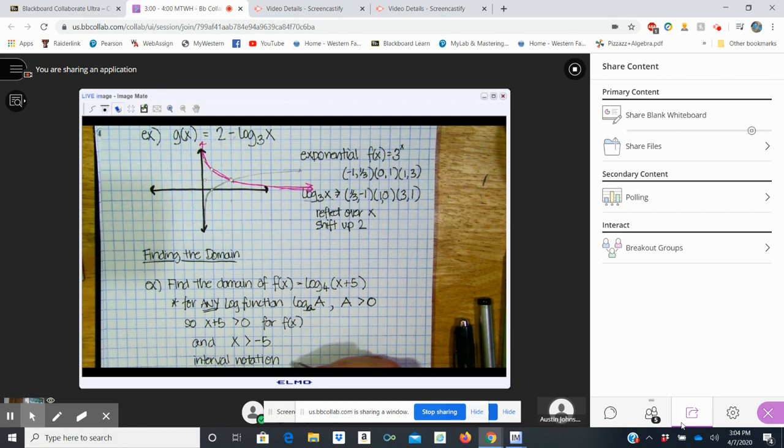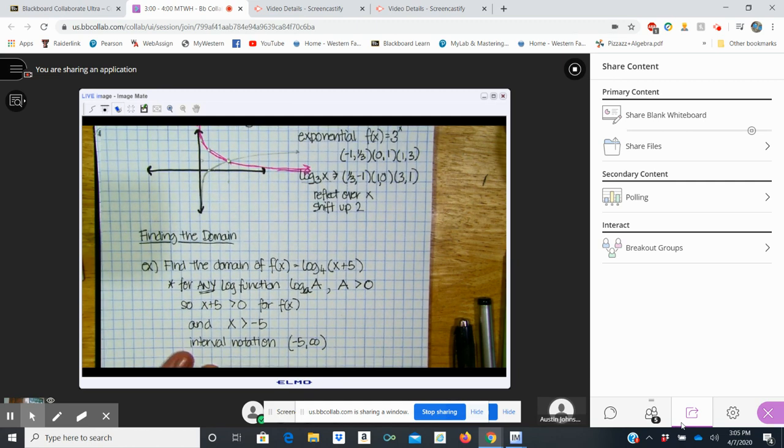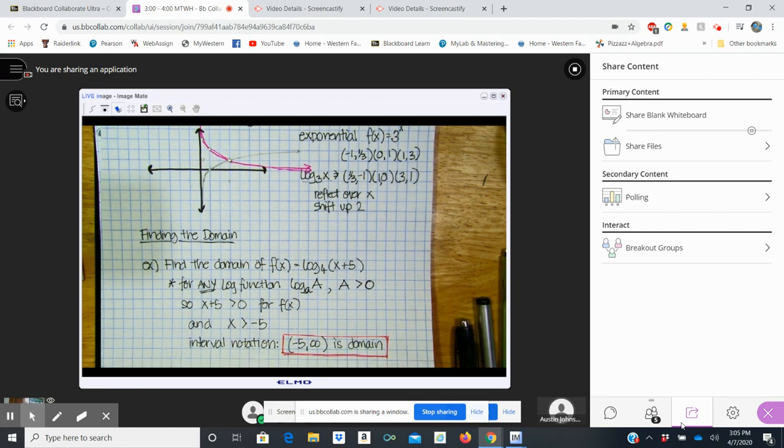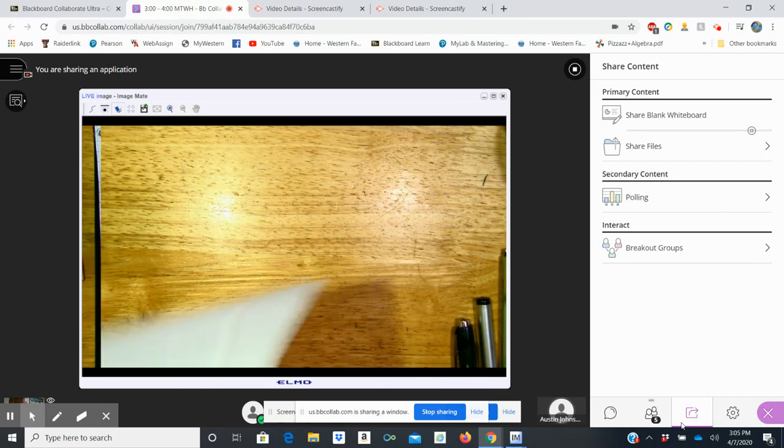In interval notation, this would be negative 5 to infinity. We can kick that up a little bit in difficulty.